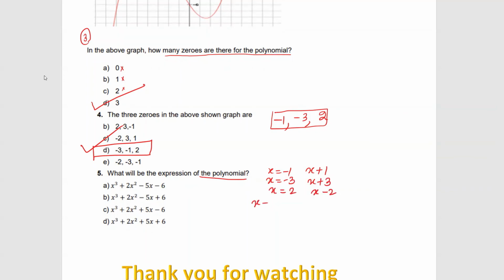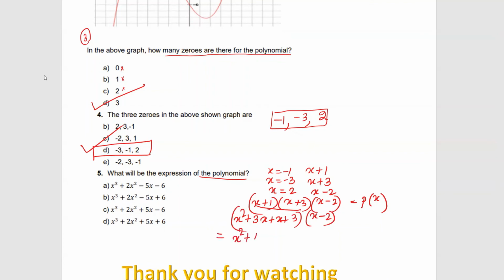So the product of x plus 1, x plus 3 and x minus 2 is the polynomial. So you go on multiplying. This gives you x square plus 3x plus x plus 3, into x minus 2, because all 3 you cannot multiply at once. So x square plus 4x plus 3 into x minus 2.